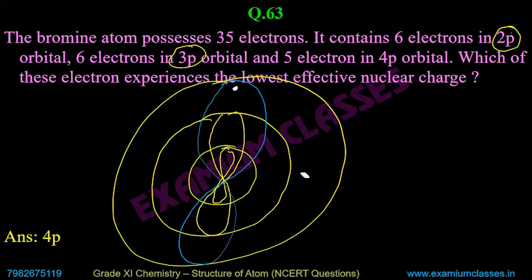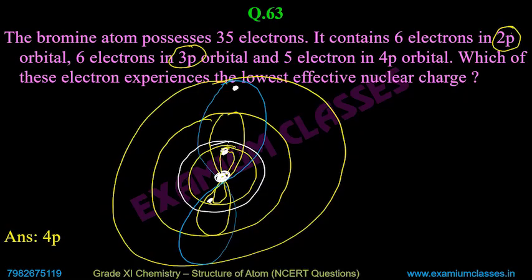Let's suppose you have an s electron here, say a 4s electron. So, say this is 4s. So electrons will be here, 2 electrons. When this electron comes in between the nucleus, this is the nucleus, so it comes in between the outermost electron and the nucleus.